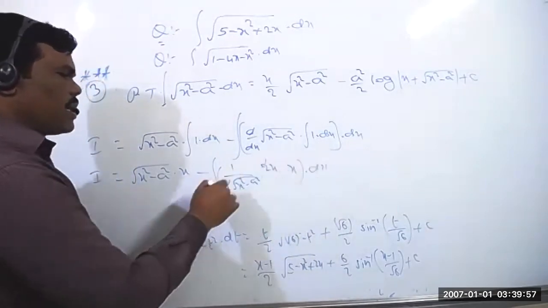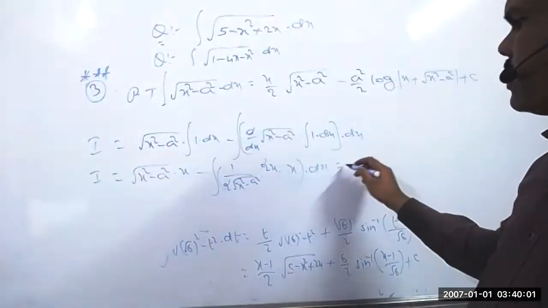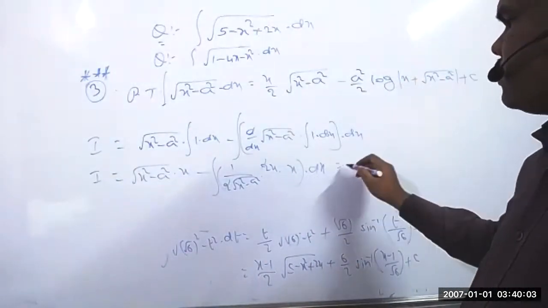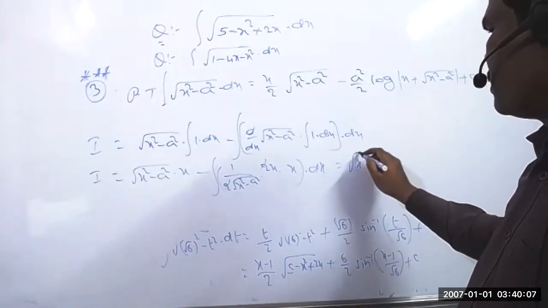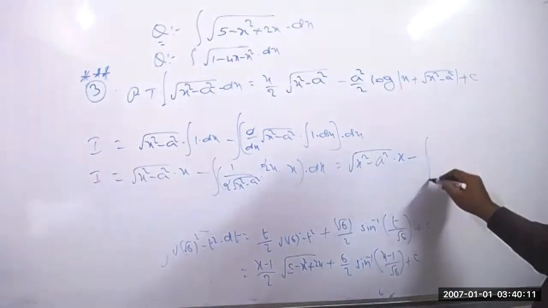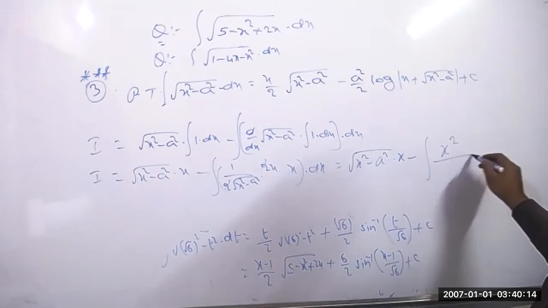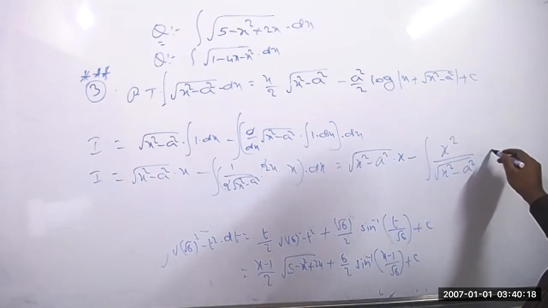Clearly here the 2 will be cancelled. So it is equal to root of x square minus a square into x minus integration of x square by root of x square minus a square into dx.